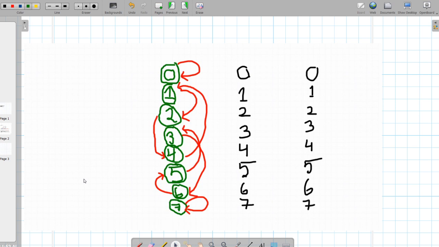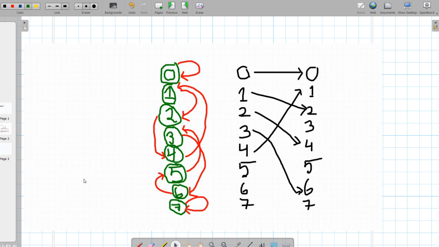Processor 0 is connected to processor 0, processor 1 is connected to processor 2, processor 2 is connected to processor 4, processor 3 is connected to processor 6, processor 4 is connected to processor 1, processor 5 is connected to processor 3, processor 6 is connected to processor 5, and processor 7 is connected to itself.